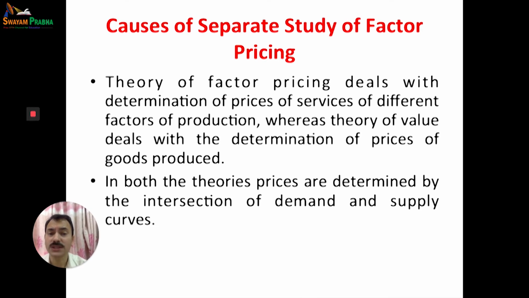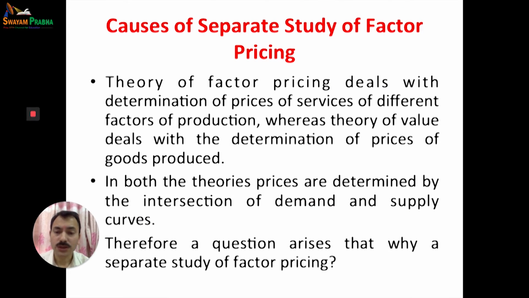In both theories, prices are determined by the intersection of the demand and supply curves, the demand and supply forces of the market. Market mechanism means where prices of the commodity or prices of the factor of production are determined through demand and supply forces of the market.